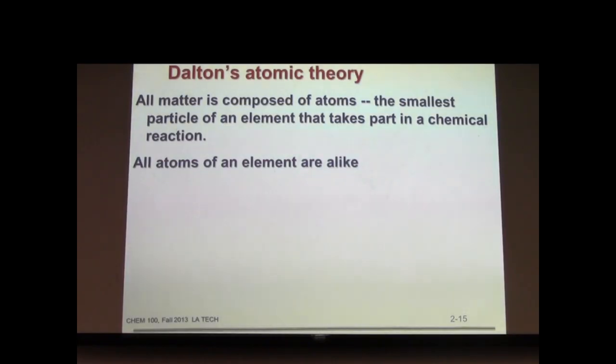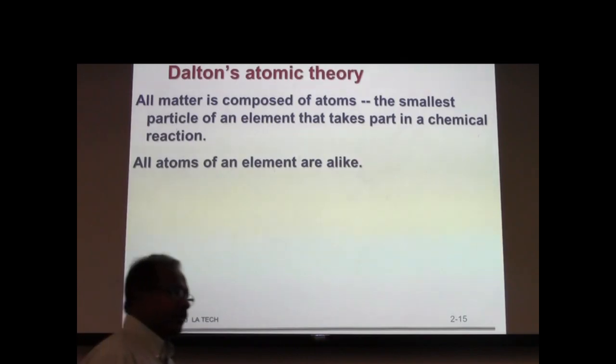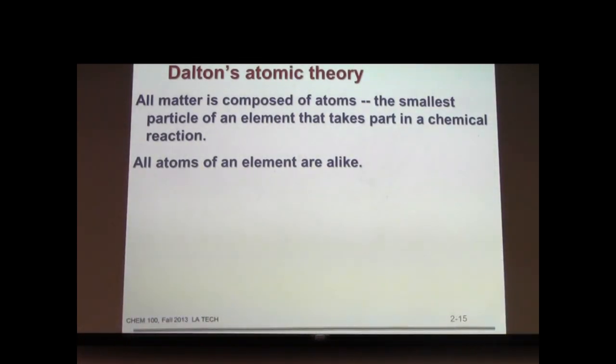So all atoms of an element are alike. That means Dalton didn't know there are isotopes, remember? Now we know there are isotopes. The element is defined by atomic number, right? Not just by the mass. Mass number is not the defining criterion for the element. What is the other one?